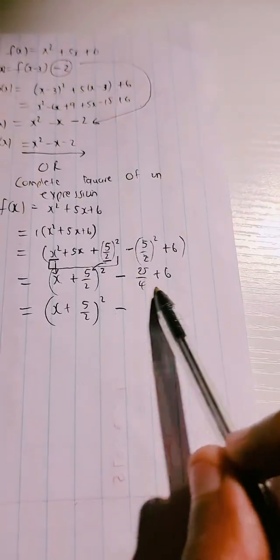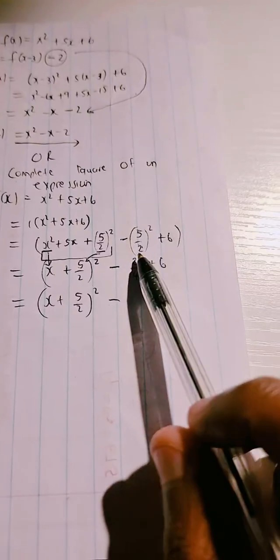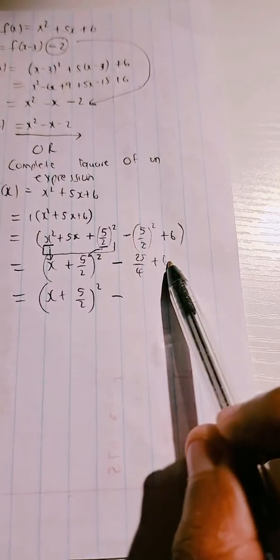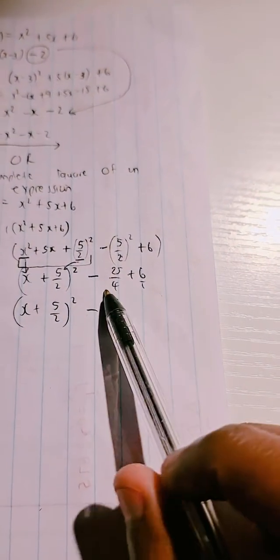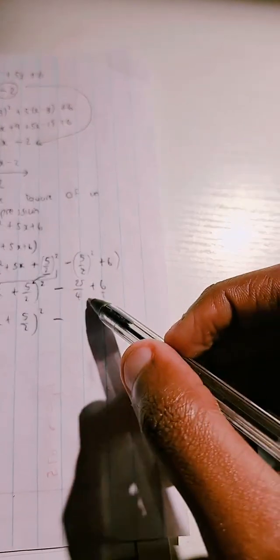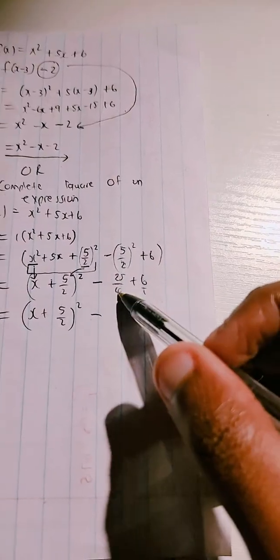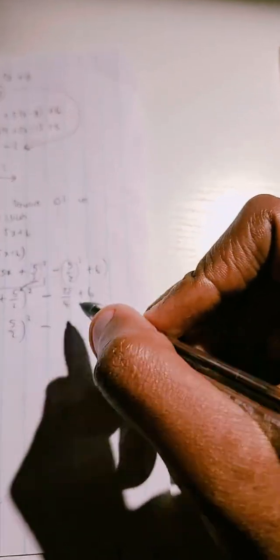Minus, then you can add here, negative 25 over 4 plus 6. You can take your calculator even, but if you do it manually, the LCD is 4. So if the LCD is 4, it means the denominator has to be 4. The quick and easy method is to multiply the 4 and the 6.